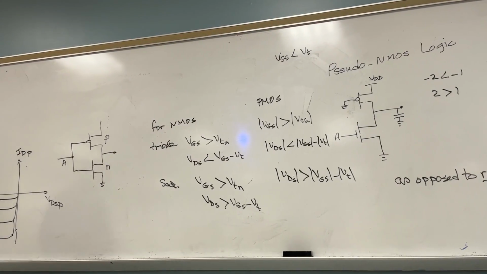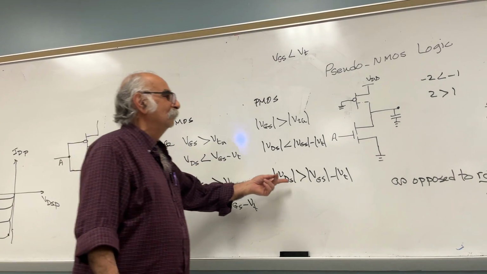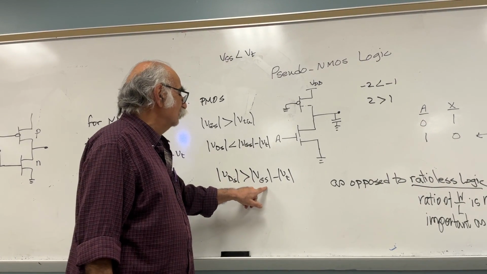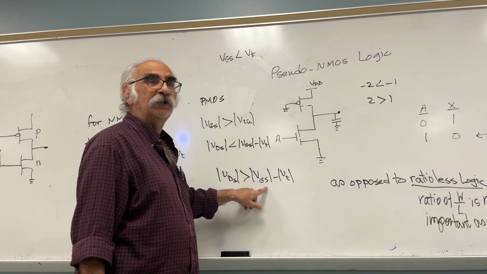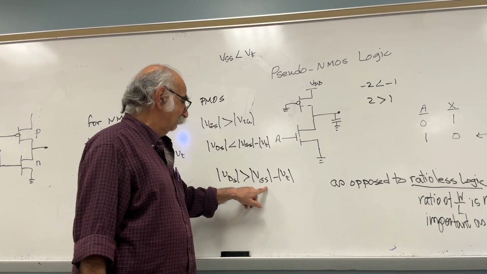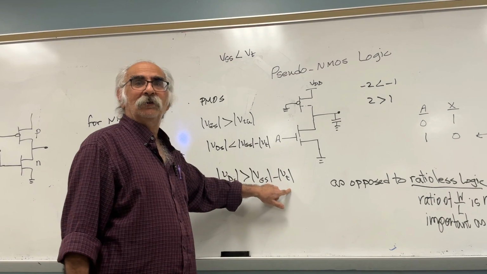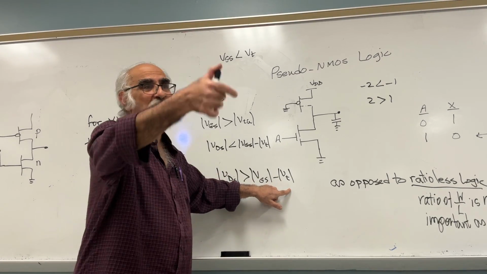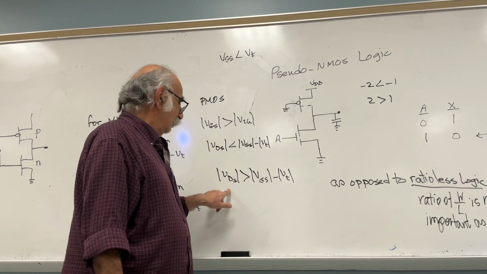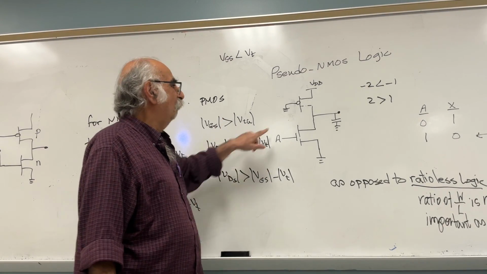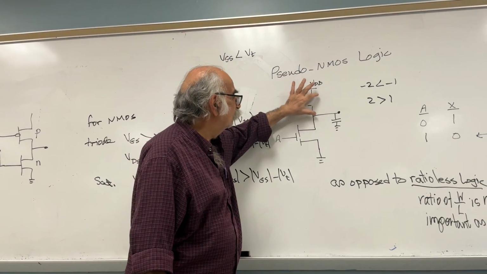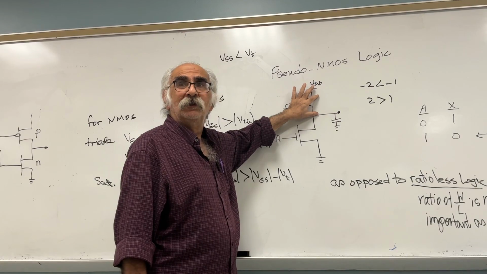Clear? Now, let's see if this one applies. What is the absolute value of VGS? VDD. And the absolute value of VDS, which is this voltage, is some small number, let's say 0.5 or whatever.